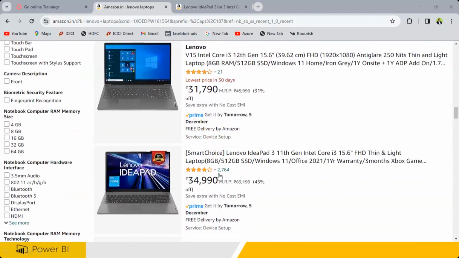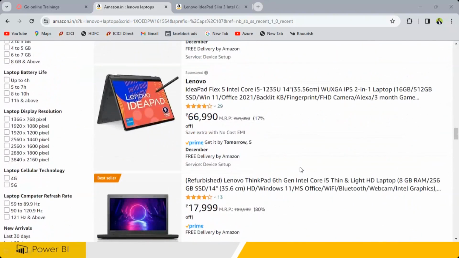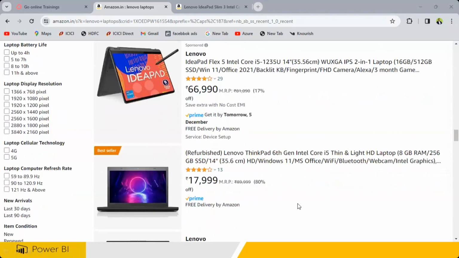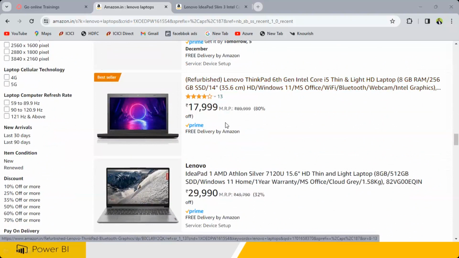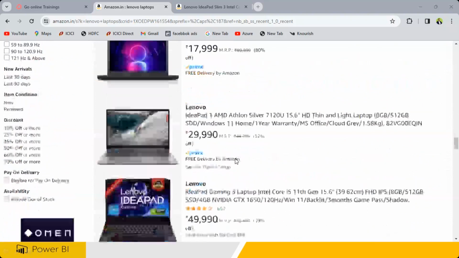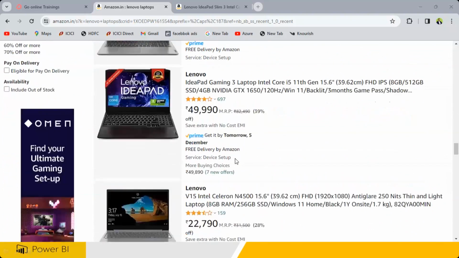31,000 is fine. 34,000 is also fine. But don't buy very cheap laptops. Now you see, this kind of laptop, you don't buy it. Celeron is very, very bad. Refurbished, I don't know about this, but you need to buy a proper one. Some 35,000 rupees laptops will be good.